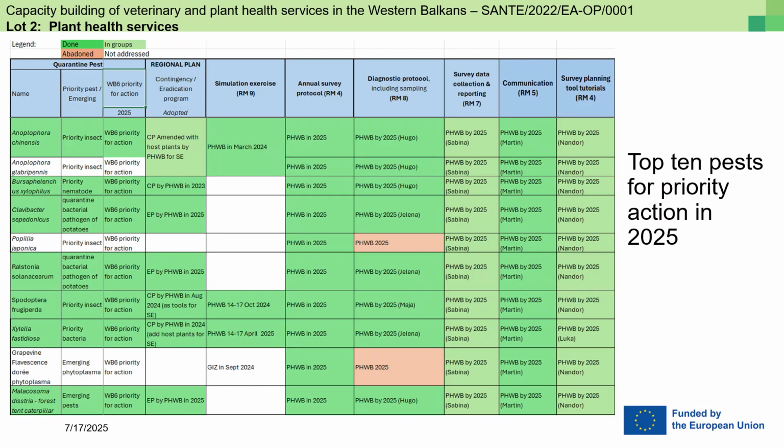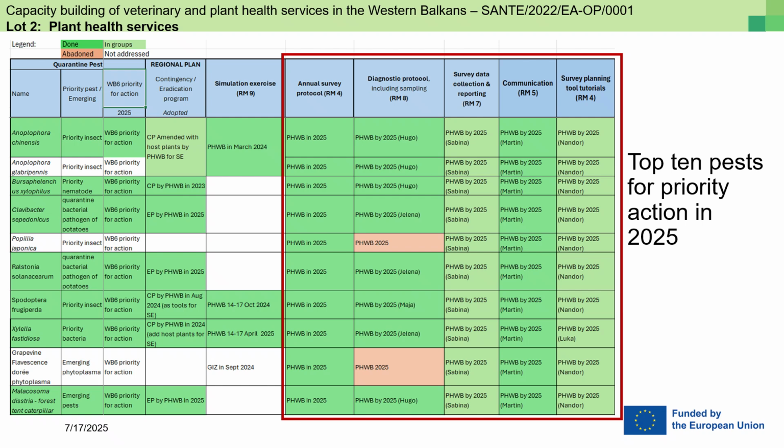During the project, we supported beneficiaries in developing technical material for selected top 10 pests. Namely, we developed survey protocols, summarized safe sampling protocols, gave advice for survey data collection and reporting, and collected promotion material for communication with the public and the stakeholders.